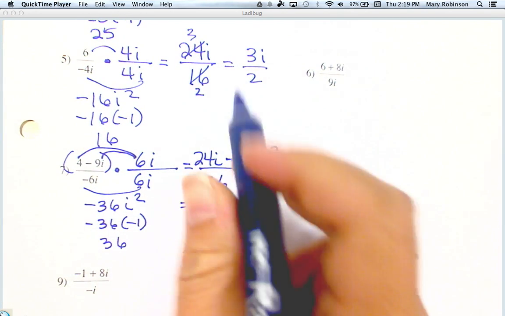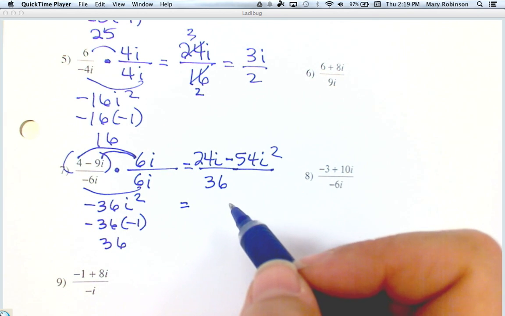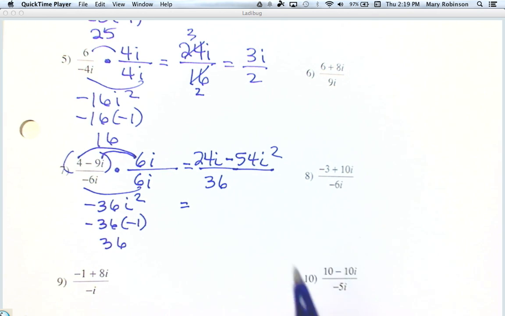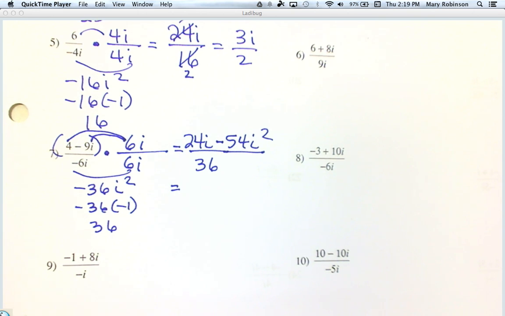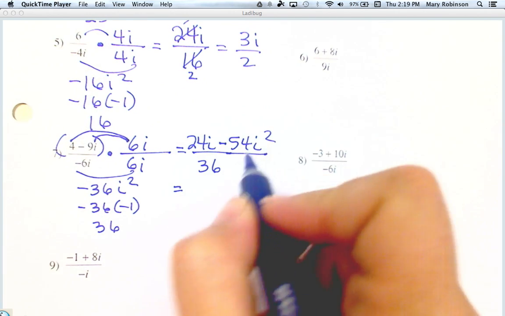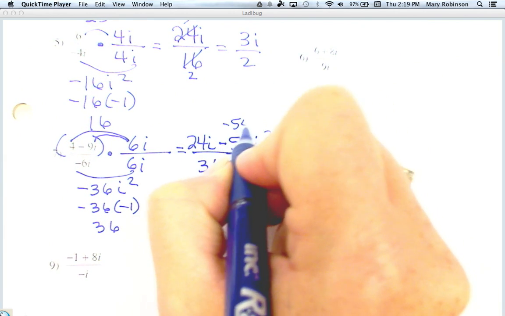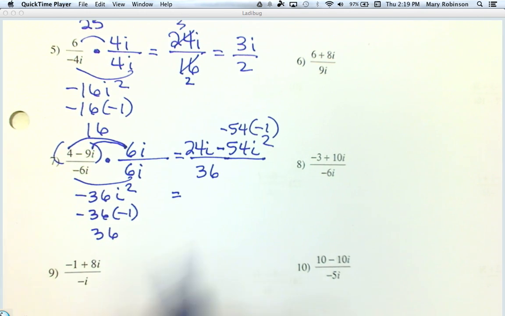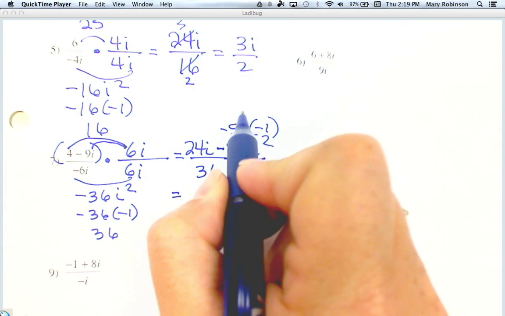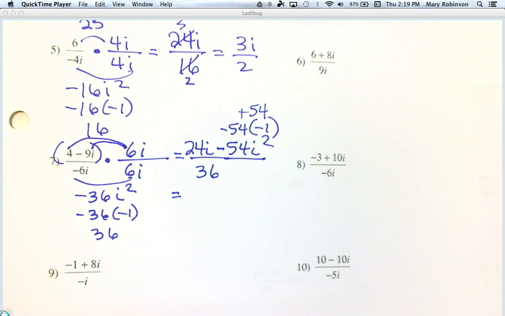Earlier we were done when we multiplied the numerator, but remember, none of your answers when doing any operations with imaginary numbers, whether it be add, subtract, multiply, or divide, should ever have any powers higher than i to the first. So we need to recognize that this is negative 54 times negative 1 by substitution, which gives us a positive 54.